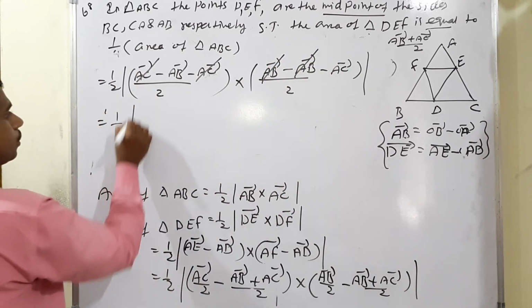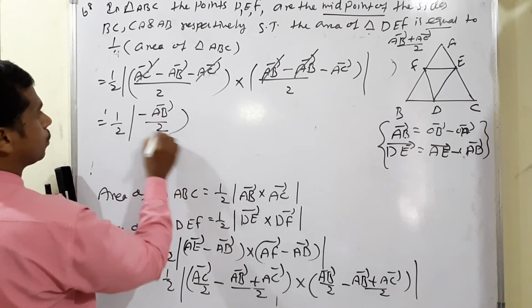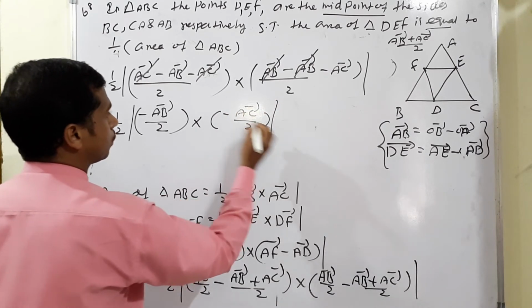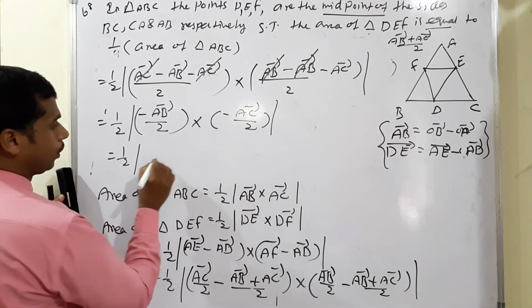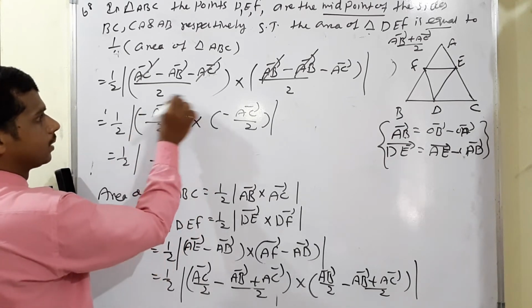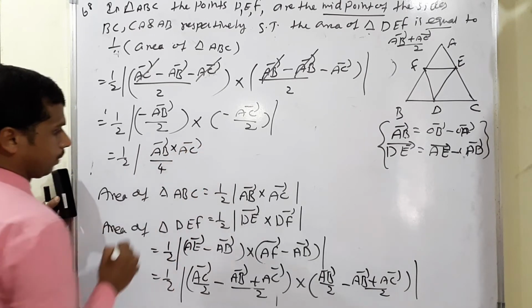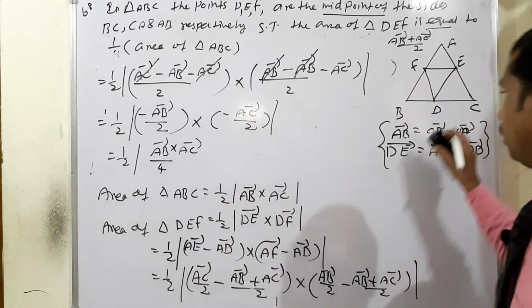Again 1 by 2 modulus, minus AB vector divided by 2 into minus AC vector divided by 2. Again 1 by 2, common denominator 2 means divided by 4, minus into minus plus, we can write it as AB vector cross AC vector. These two lines we need, that's why I will write it here.